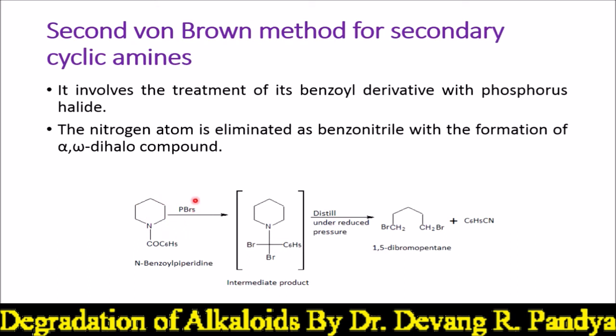We treat it with phosphorus pentabromide, and we're going to get this intermediate product where the alpha-omega dihalo compound is going to be obtained. And when we perform distillation under reduced pressure, we're going to cleave the ring and substitute the nitrogen, and we're going to get 1,5-dibromopentane, a simple alkane. So see, this is the second von Braun method to degrade secondary cyclic amines from this alkaloid compound.